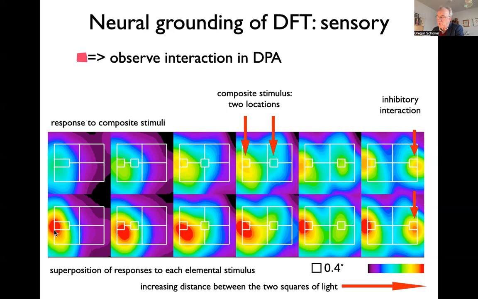Remember, the left is closer to the nasal area, closer to the fovea. And so they have more activity on the left than on the right. But the one interesting signature here is that you see that the response to this composite stimulus is overall reduced over the superposition of the individual responses. Compare here on the right? This is a reduction, and that reduction is ultimately a signature of inhibitory interaction between those two populations.